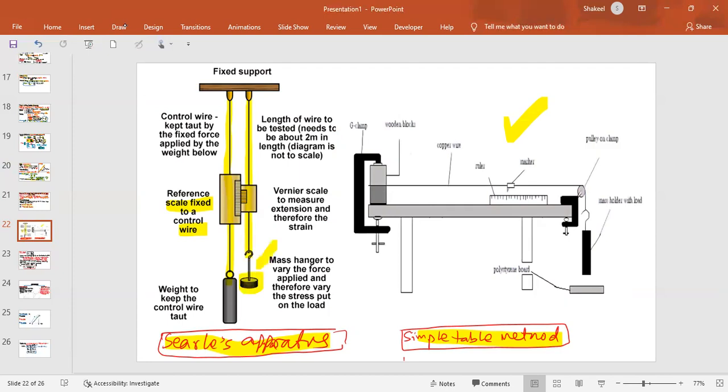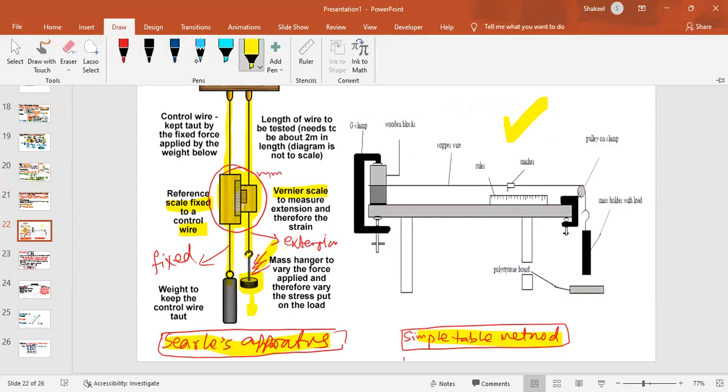You will keep adding weight on it, and it will be stretching down, and then this vernier scale is used to measure the extension. So in this combination, this wire is fixed, you will not change its load, and the extension will be produced in this wire because you're going to add load over there. And this is the vernier scale, which will give you the extension in millimeters.